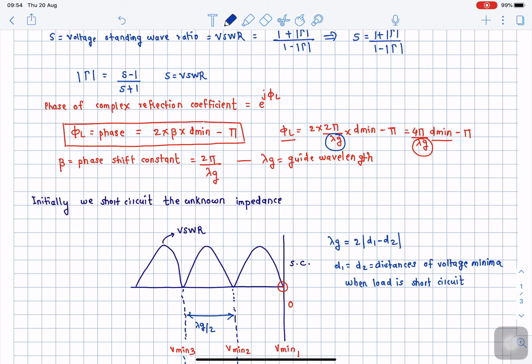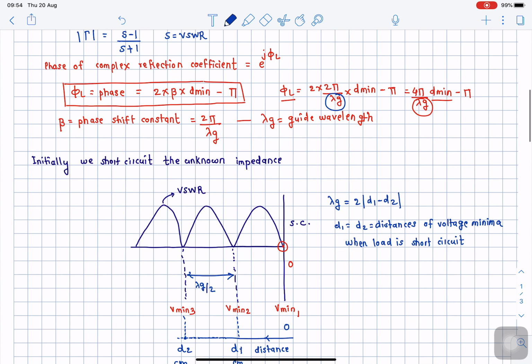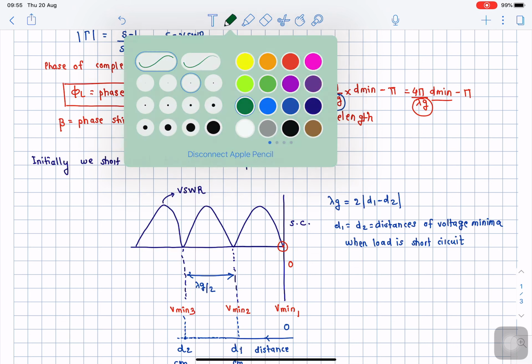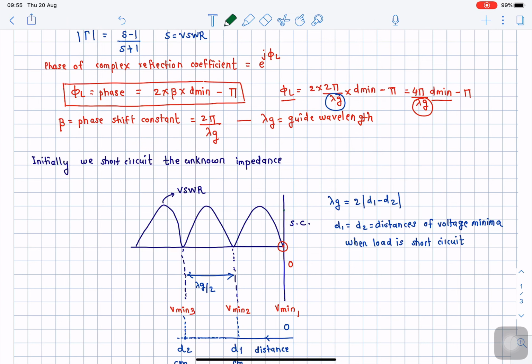When you replace the short circuit with the actual unknown load impedance, you will get a different waveform, and this waveform is again a voltage standing waveform. I will denote it with a different color, let us say green. So here you will get a waveform like this when you replace with unknown load.